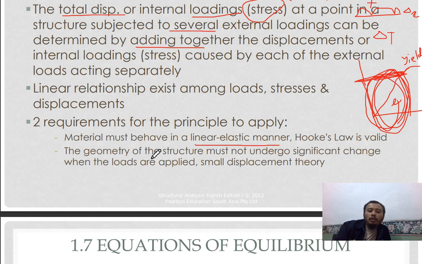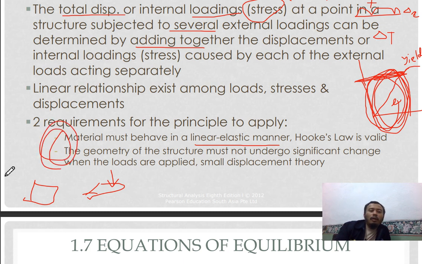The second requirement: the geometry of the structure must not undergo significant change when the loads are applied. Say this square, after you apply the load, becomes non-square. So the load being applied is not toward the axis anymore, and when that happens, the principle of superposition is not applicable anymore.